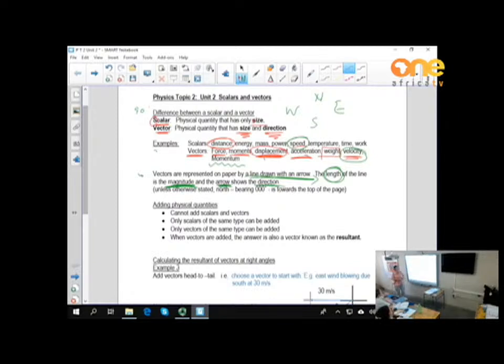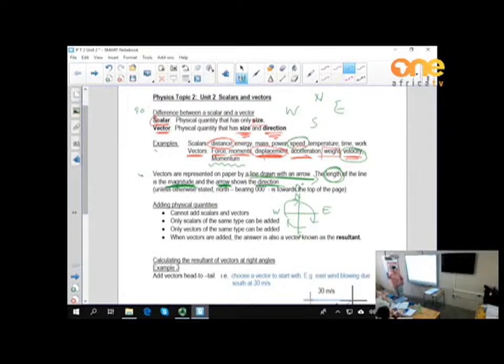Unless otherwise stated, north has a bearing of 0 degrees. It's always to the top of the page. So from here, north, south, west, east, we start at 0 degrees and we go clockwise around it. It's easy to remember, okay?